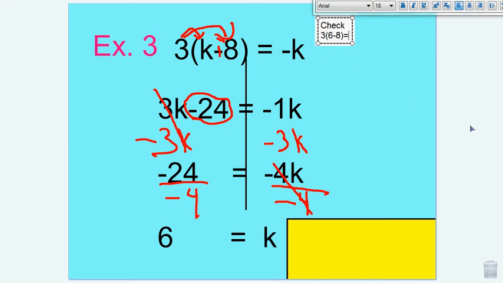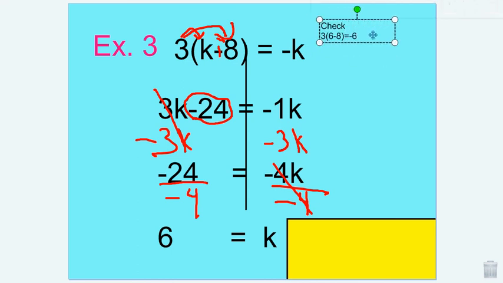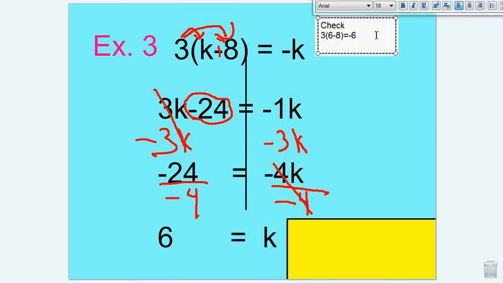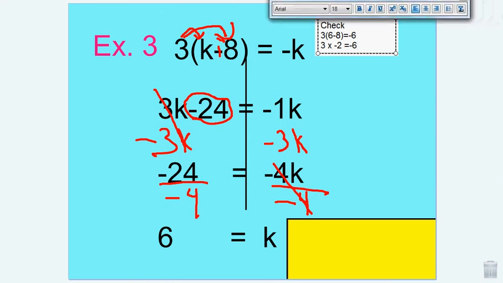It has to check out in the original. So let's take 6 minus 8. Does that equal negative 6 on the other side then? Because k is 6. Well, 6 minus 8 is negative 2. And therefore, that equals negative 6, doesn't it? So, checks out. And that's all she wrote.